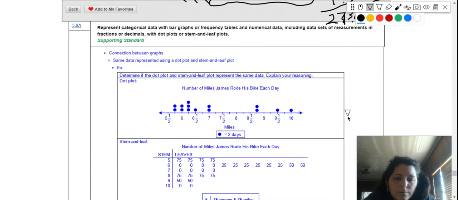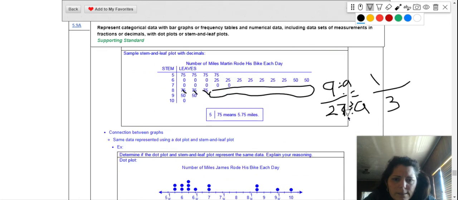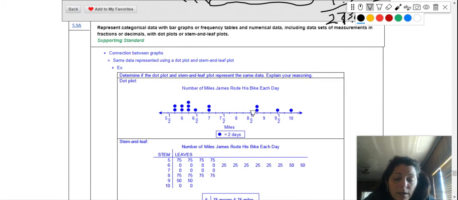Now, down here, we have our stem and leaf. Down here, we have a dot plot of data. Determine if the dot plot or the stem and leaf plot represent the data. Explain your reasoning. Number of miles James rode his bike.